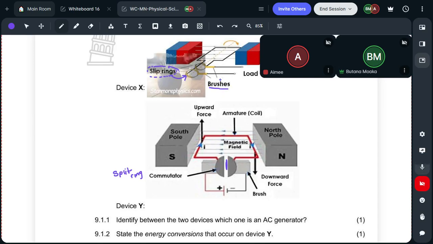Then that's when you can use the table to understand which one is an AC. So by looking at the devices, we can see that device X is the one that is an AC generator. Do you understand?